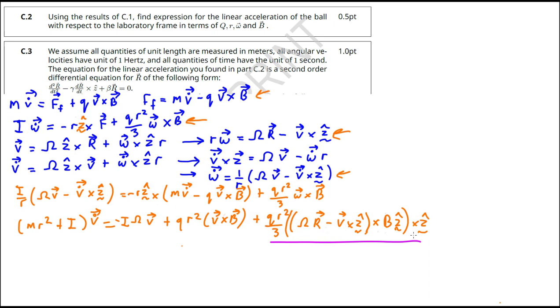Alright, so let's just play with this last term here, because we've got a lot of cross products to get rid of. So if we first look at this v term, we're essentially doing v cross z and then crossed with z. So that means that we're just going to get this factor of b as a constant, and we're going to get a vector pointing in the direction of v, and then we still have to take the cross product with that z. But that's okay, we can deal with that.